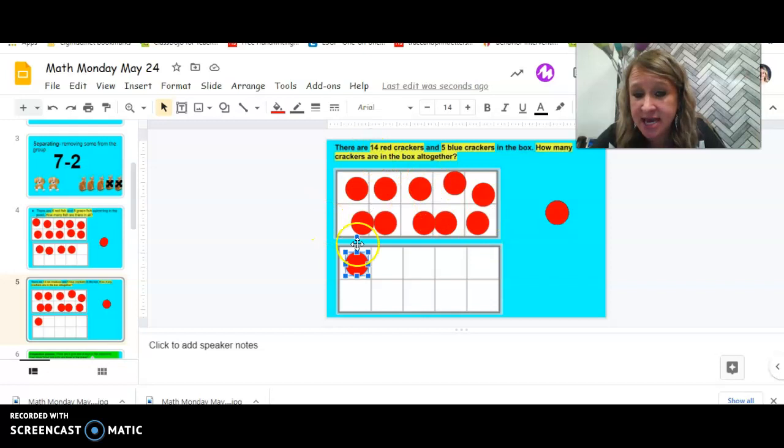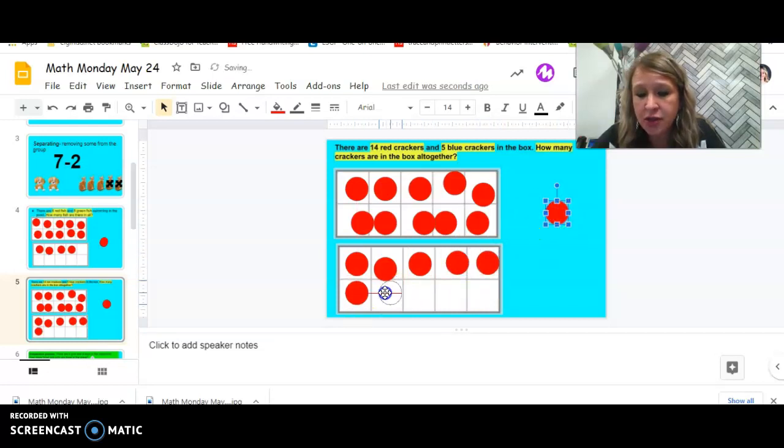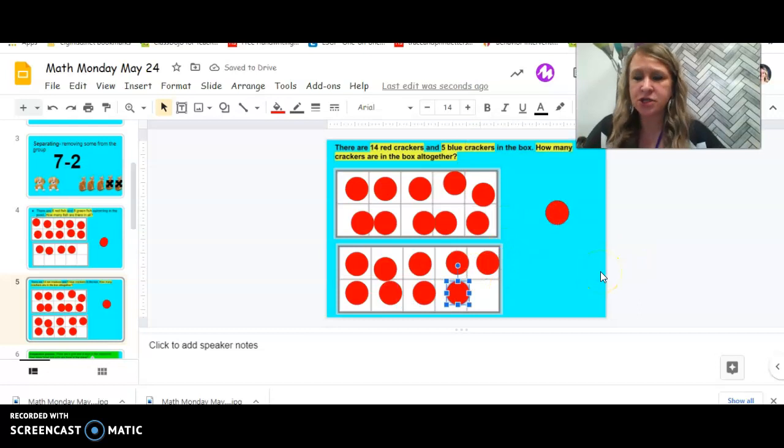So here's 10, 11, 12, 13, 14. Now I need 5 blue crackers. So I'm going to add 5 more counters. Ready? 1, 2, 3, 4, 5. How many crackers are in the box altogether?